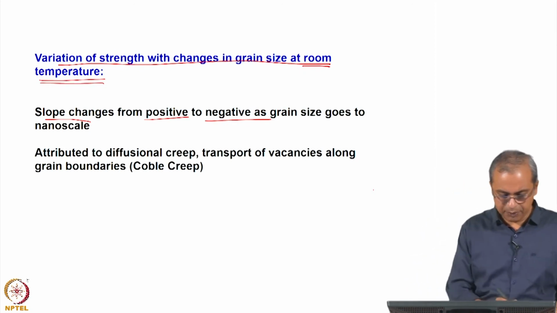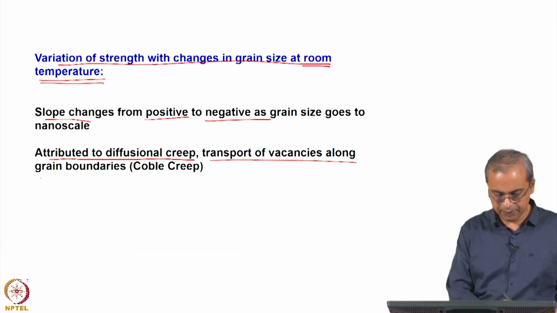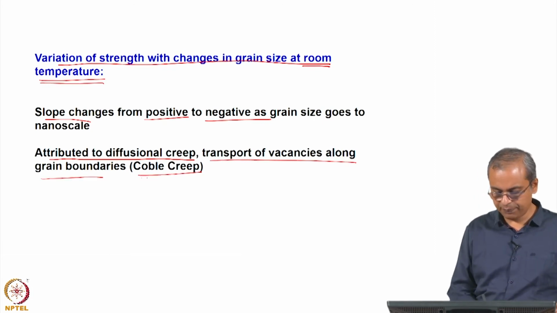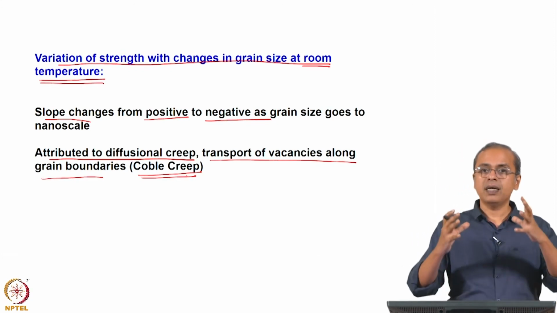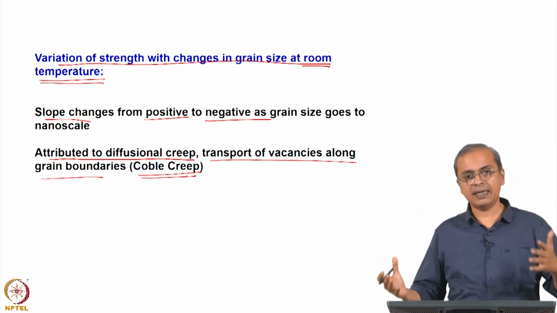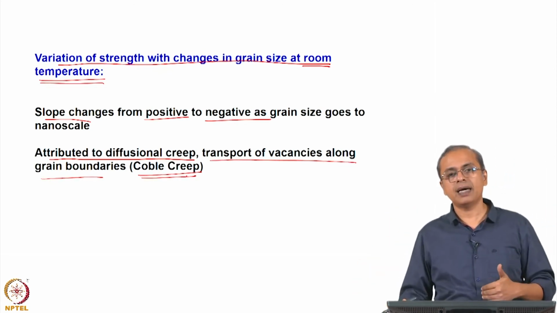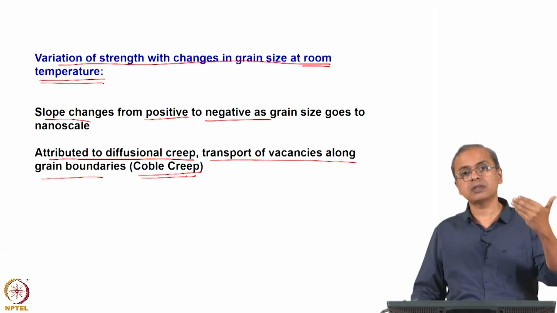So, this is also attributed to diffusional creep and transport of vacancies along grain boundaries, also referred to as Coble creep. Creep is a phenomenon where a material appears to have less strength and therefore changes its shape at even relatively lower loads, simply because the temperature is high.